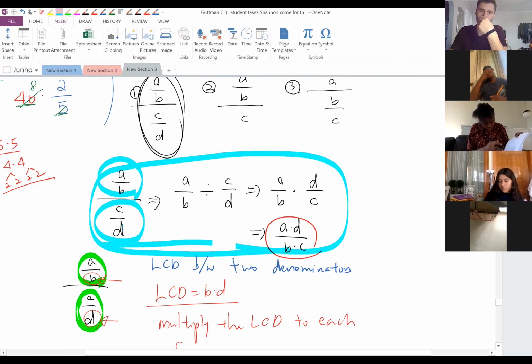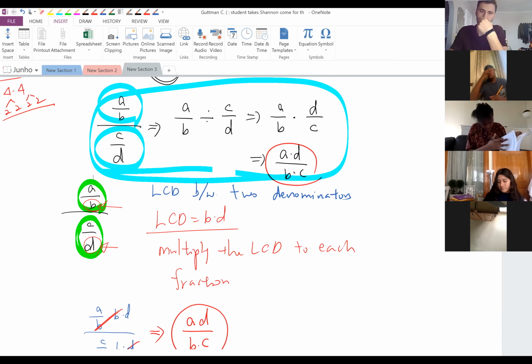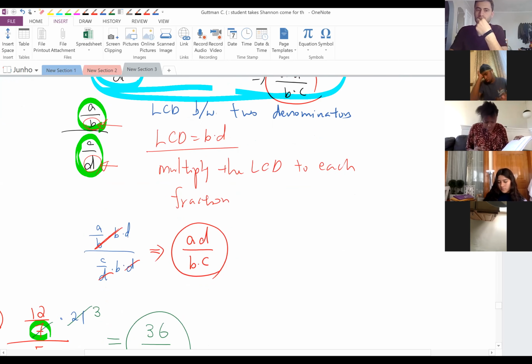But when I explored this kind of simplifying problem, I found that just finding the LCD between two fractions in a complex fraction and multiplying, in most cases I can apply this method.